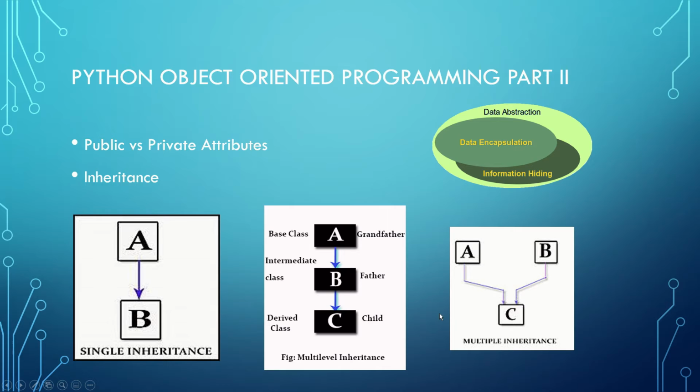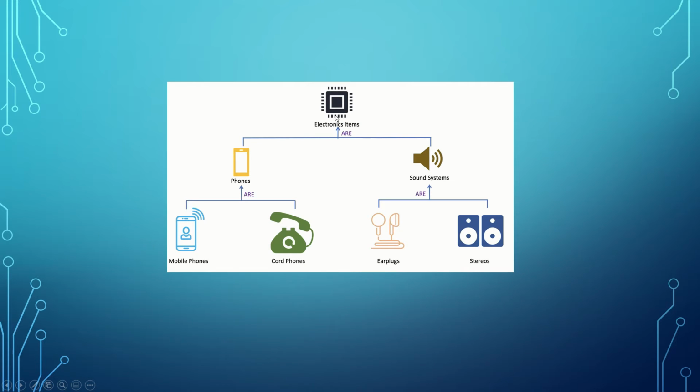To give a more macro-level explanation, you can create classes for mobile phones, cord phones, earplugs, and stereos, and they would have a parent class of phones and sound systems, which would also have a parent class of electronic items. So you could say a mobile phone is a phone, which is an electronic item.